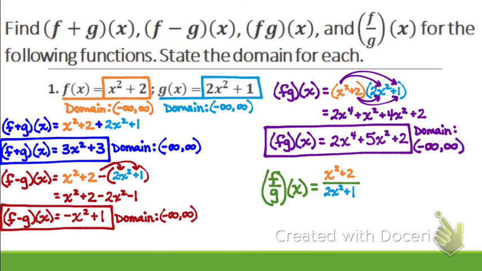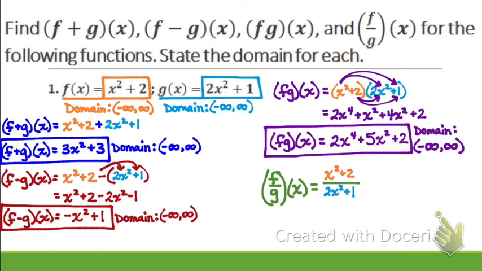Can I simplify that at all? No. Why not? We've got addition in the numerator, addition in the denominator, so the only thing I could do with this is trying to pull out a GCF or factor it in some other way. Will that numerator factor at all?